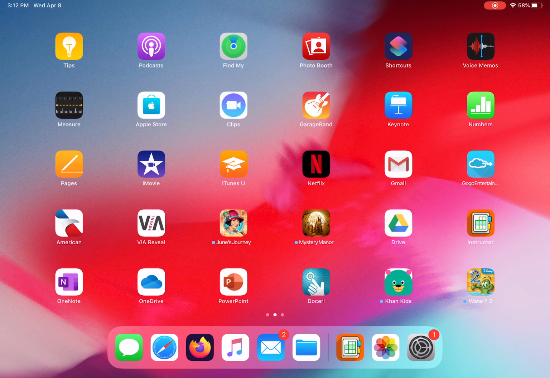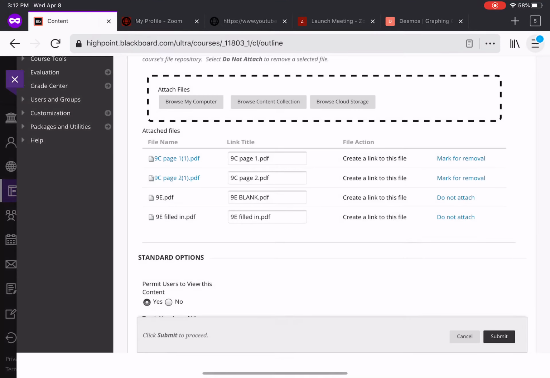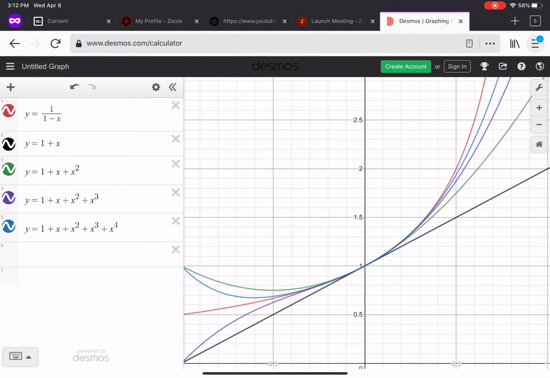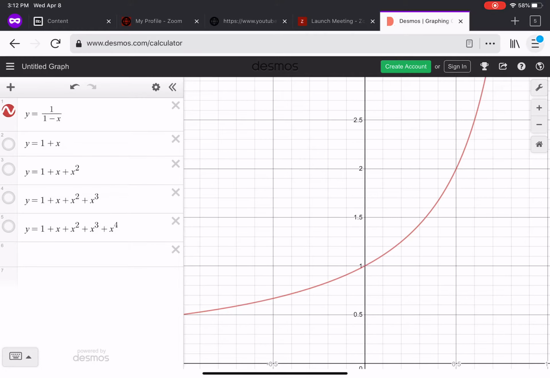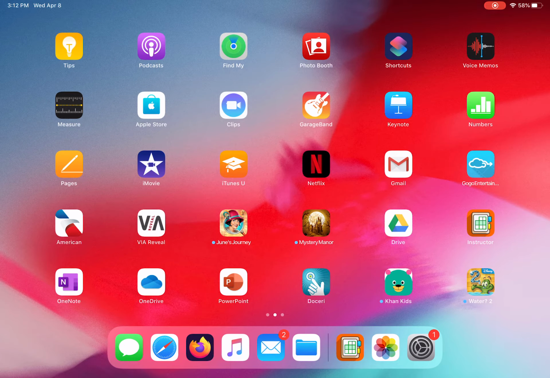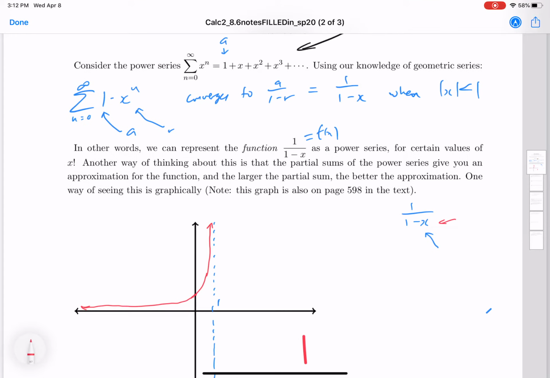And hopefully this is going to work. I want to pull this up in Desmos. There we go. That's that same red graph that we had before. The difference being mine is a little bit uglier. And the idea is we know that this red graph there, that's 1 over 1 minus x, it's equal to this power series we talked about up here.